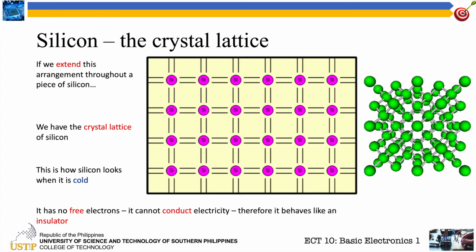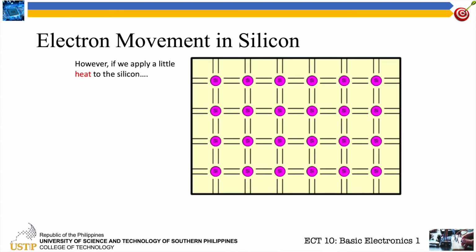Because again, the definition of silicon is that it will only be a semiconductor device if we give it a little amount of energy. So how will these electrons move from one atom to another atom? These electrons will only move from one atom to another if we apply heat.